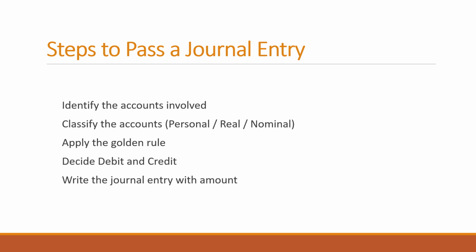Fourth, decide debit and credit. Finally, write the journal entry with narration. Got it? So, what are the steps? Identifying, classifying, applying, deciding, and writing down the journal entry.